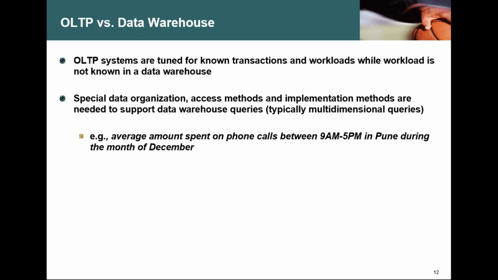Coming to the data warehouse, the data which is related to decision making is stored in the data warehouse. Simple. In OLTP, the data is related to transactions; in data warehousing, the data is related to decision making.